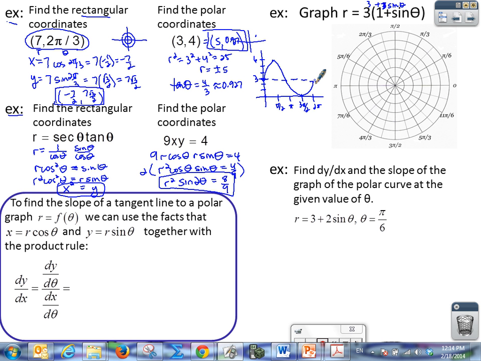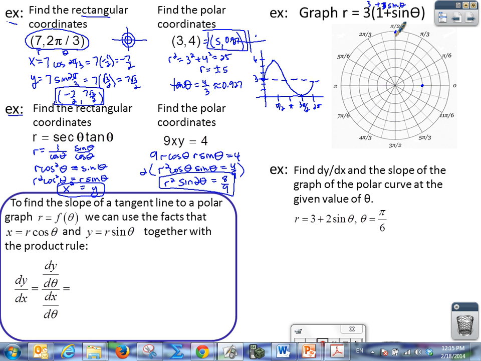So I start here at angle measure 0 and my r value is 3. Here's my axis right here. My r value is 3: 1, 2, 3. I put a point. I go to pi over 2 and plot a 6. The values in between, you certainly could do an approximation of, and if you need to refer back to it, they're there. I usually just go for the quadrantals and try to get away with just doing that. 1, 2, 3, 4, 5, 6.